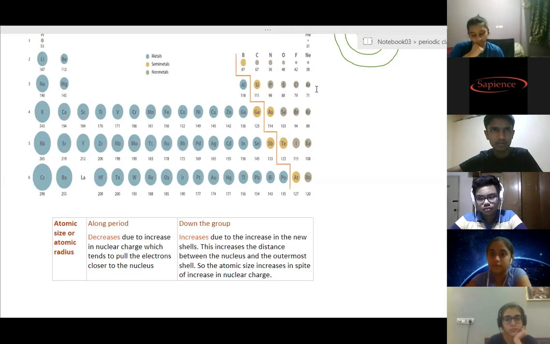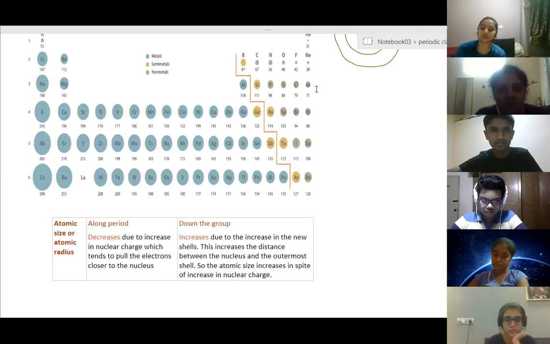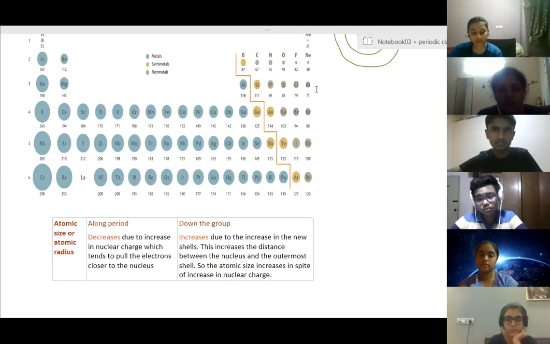No, any one of them is possible. The same atom can't lose and gain. So what do you mean by metallic character, Vishnu Maya? Ma'am, it decreases with the... No, I'm asking only what you mean by metallic character. No idea. Raghav?